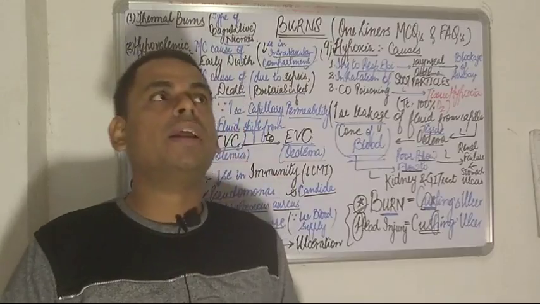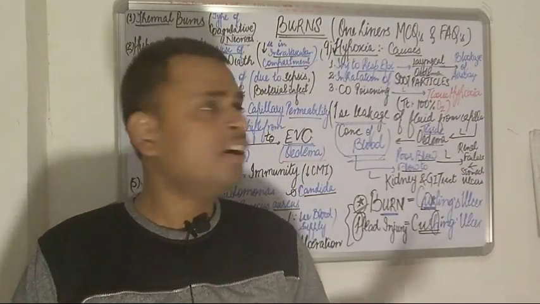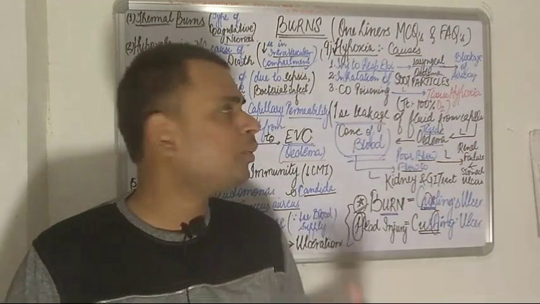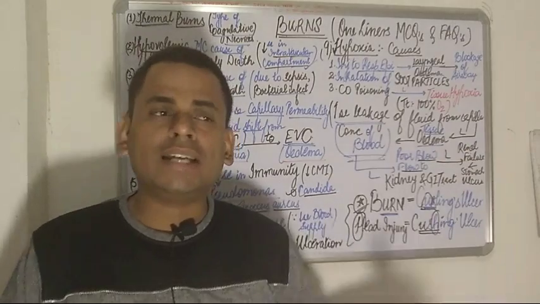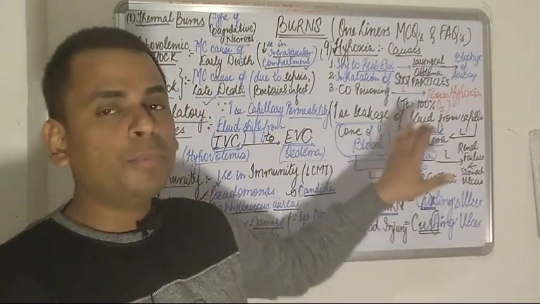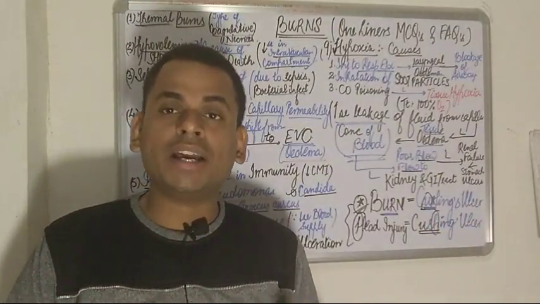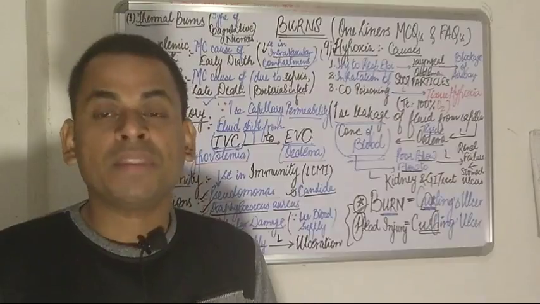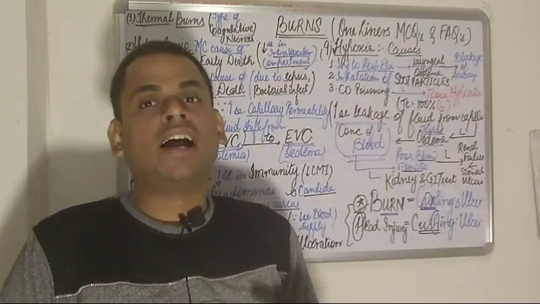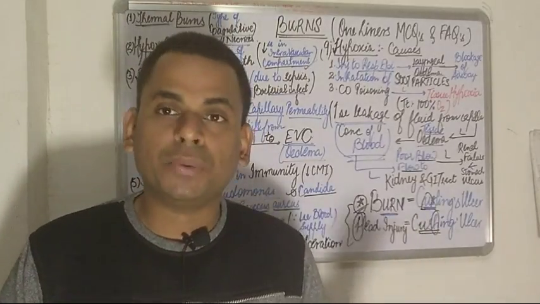Students, whenever the victims are trapped in severe fire, there is production of a large amount of carbon monoxide at the sites where the burn is occurring. The carbon monoxide, as we already know, has a higher affinity towards hemoglobin. It is found that carbon monoxide has an affinity 240 times greater as compared to oxygen.